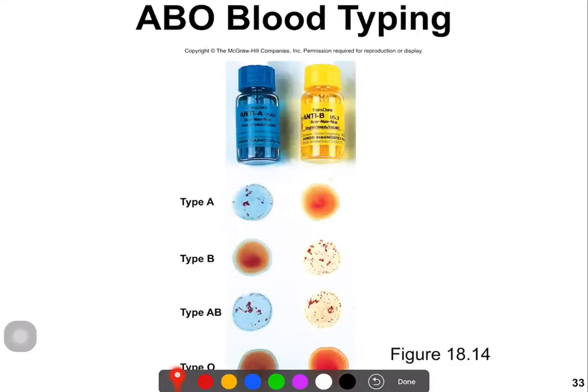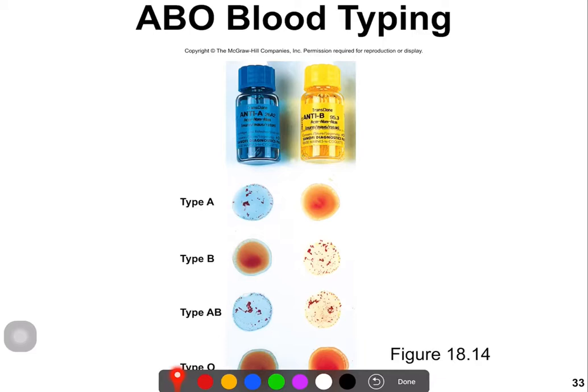Often when we're talking about blood types, we're talking about it within the context of blood typing. How is it done? Sadly, if we were able to do our hematology lab, we would have been able to try this. You basically have two wells, you put in drops of blood from an individual.